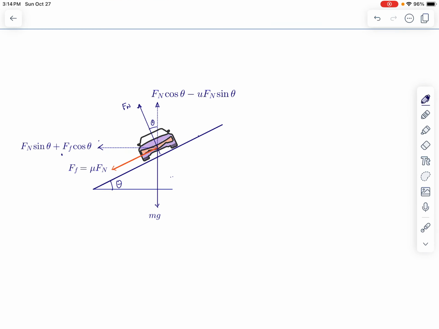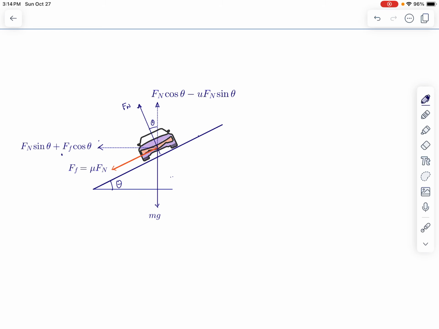Now let's look at the situation in which the car tends to drift upwards. The friction force resists that, so it's acting in the downwards direction. It has a positive component in the horizontal direction, and that horizontal component is friction force times the cosine of theta, because this angle is theta.